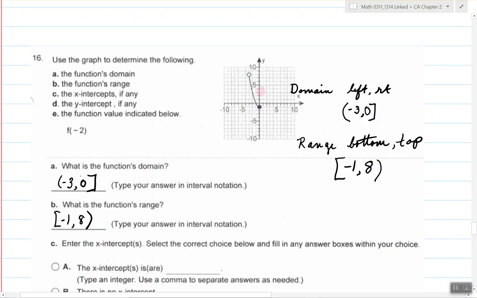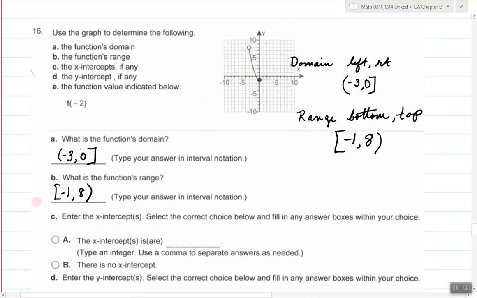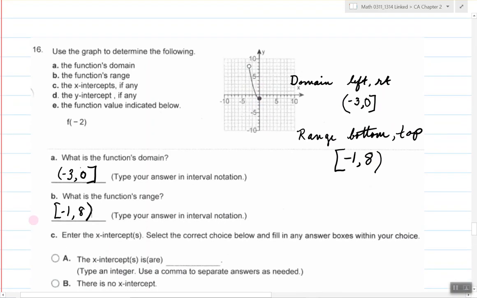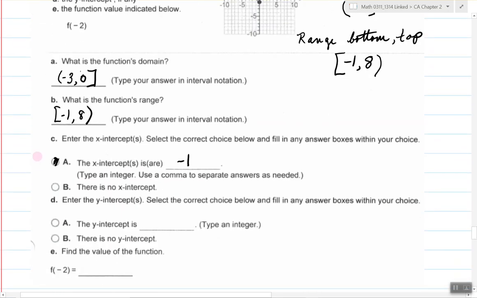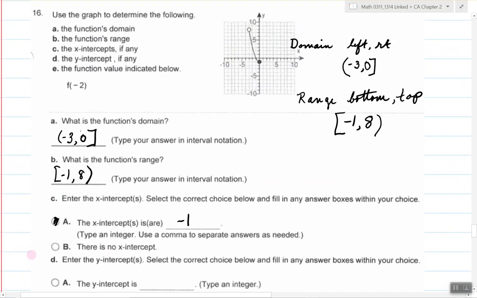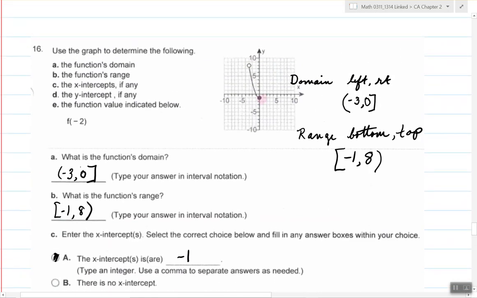All right, x-intercepts, and it just wants the integers again, not the points. This is crossing the x-axis right here where x is -1. Y-intercept, it is crossing the y-axis right here, and y is -1.